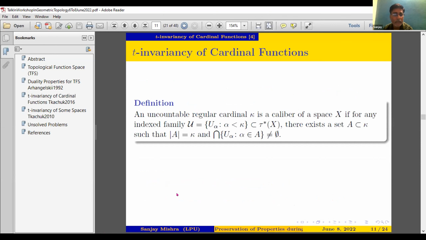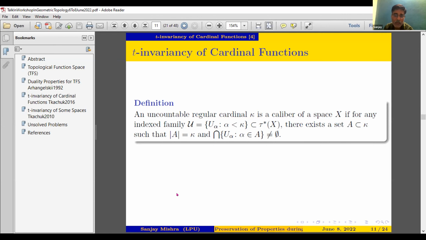Now the next cardinal function is the caliber of X. How is the caliber of X defined? An uncountable regular cardinal kappa is a caliber of X if for any indexed family U, where U is defined as U_alpha with alpha less than kappa, a subset of tau star X, there exists a set A of kappa such that the cardinality of A is equal to kappa, and the intersection of all these is non-empty.